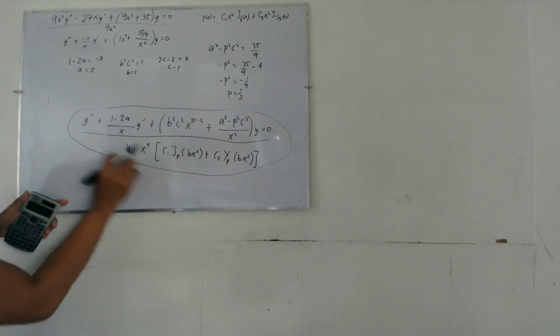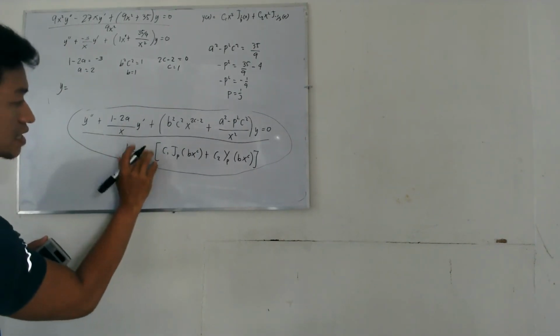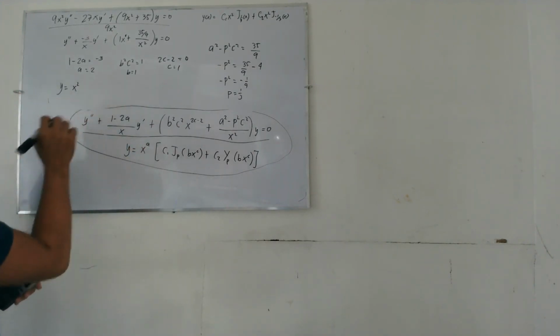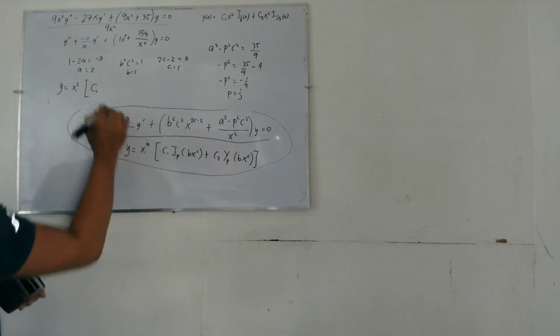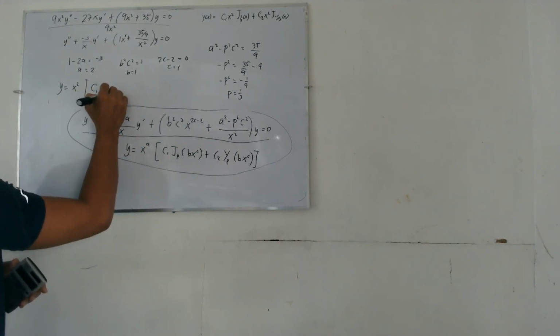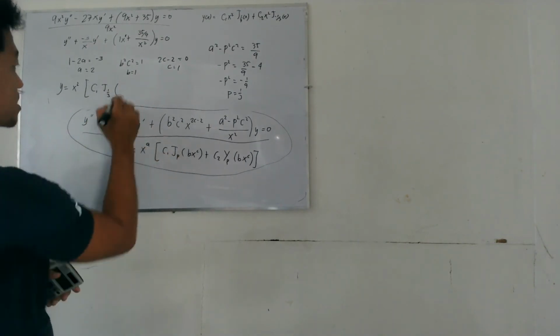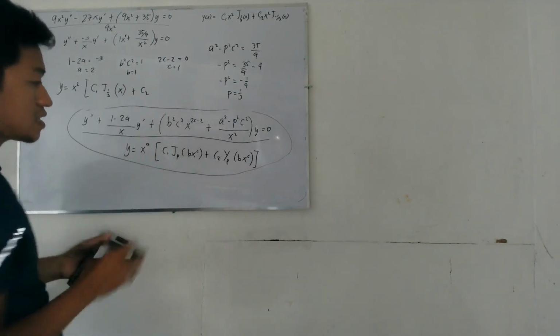Plug in na ito. Dere. So, you have y. X to the A. A ni mo is 2. So, x squared C1 J of 1/3. V ni mo, ang B ni mo is 1. So, x. Plus C2.